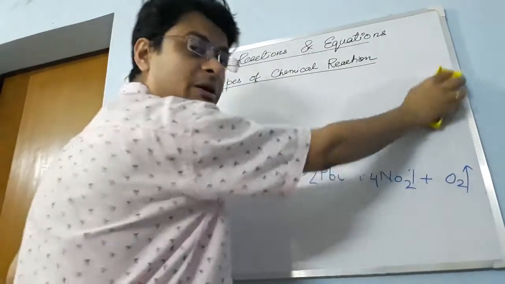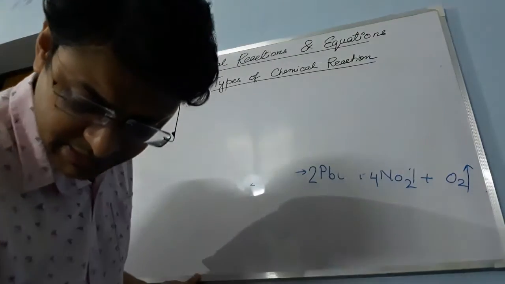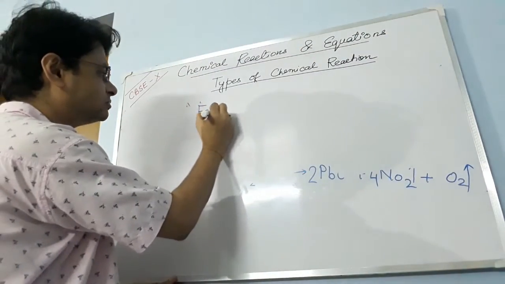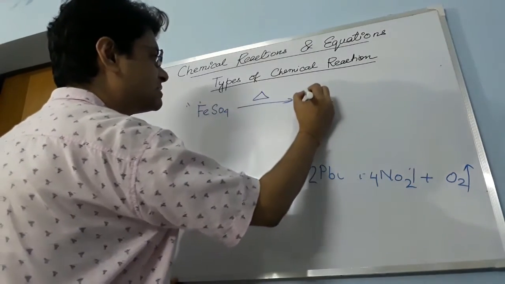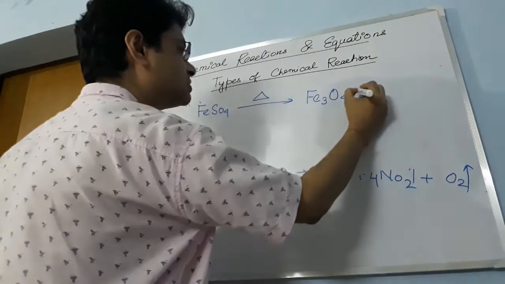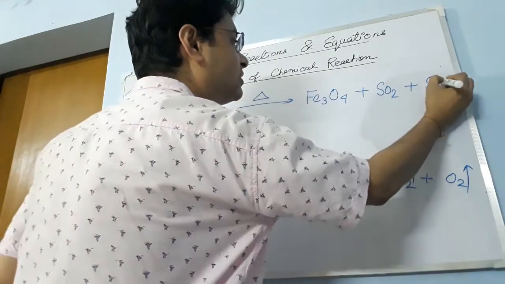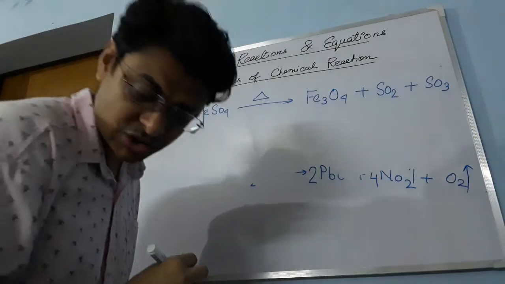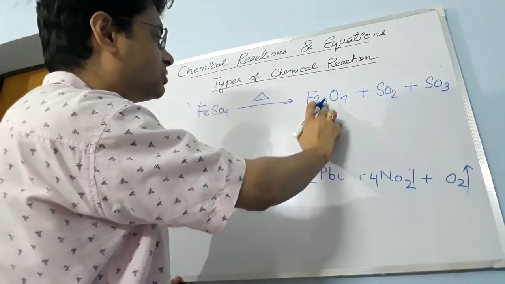I hope you have copied down all the things which I have written earlier. Next is ferrous sulfate solution, FeSO4. Again, when FeSO4 is heated, what happens? It forms Fe2O3, ferric oxide, sulfur dioxide and sulfur trioxide.